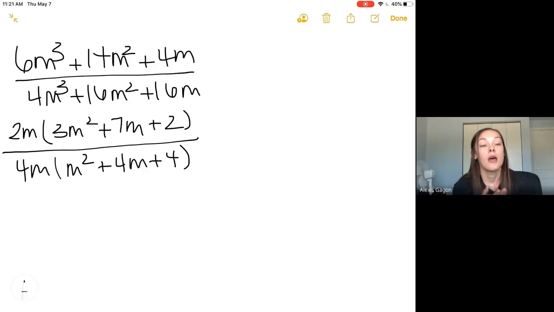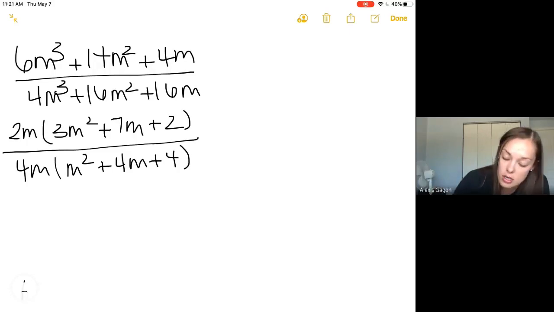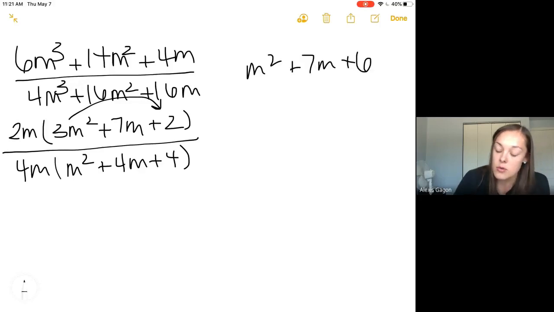Okay, and then let's just keep factoring. Before I cancel anything, I'm going to factor it completely, because you might have multiple holes here. So let's factor the top. First we're going to multiply this over. That's going to be m squared plus 7m plus 6, which factors to m plus 6 and m plus 1.